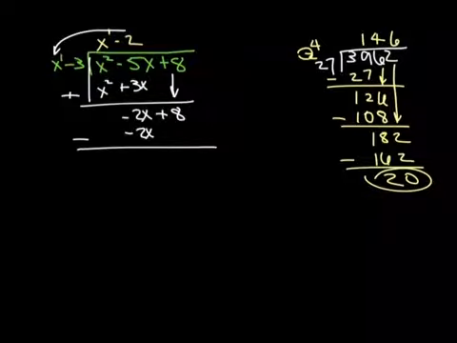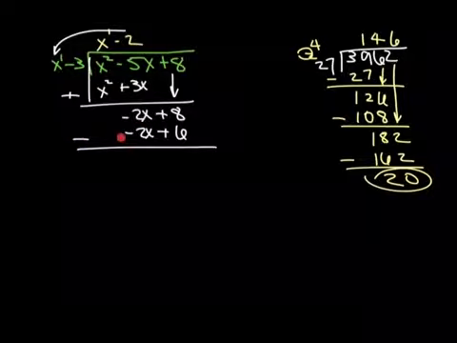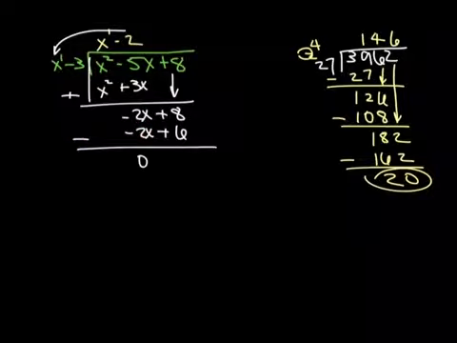Negative 2 times negative 3 is positive 6. So negative 2x minus negative 2x is the same as negative 2x plus 2x, and remember what I said, this has to give you a 0. 8 minus 6 is 2. I really don't need the 2x and the plus there.